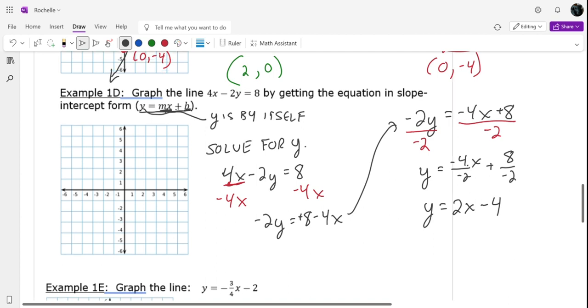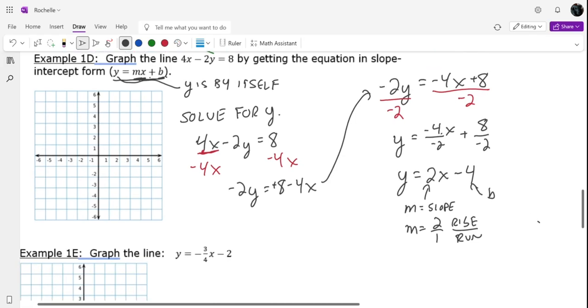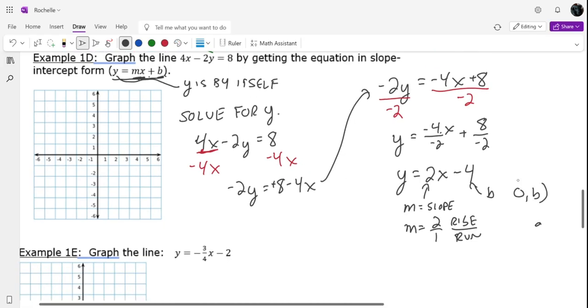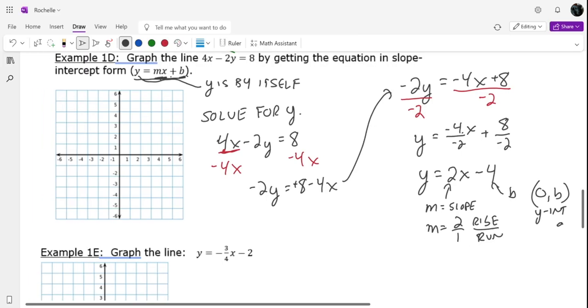Now, if you remember, the m is my slope, which is rise over run. And this here, my b value, is my y-intercept. So that means that 0, negative 4 is my y-intercept, which I had already found.